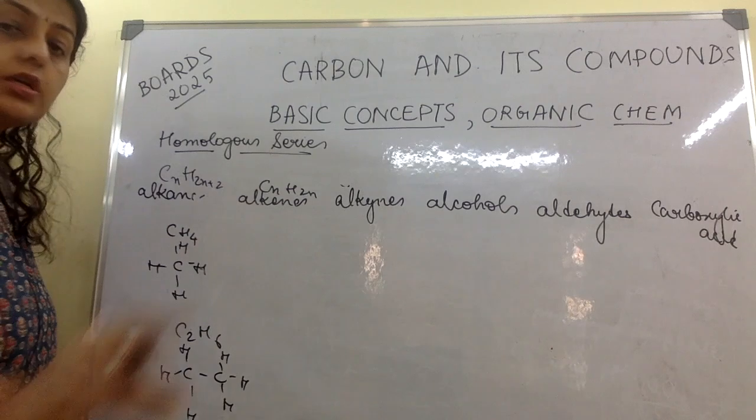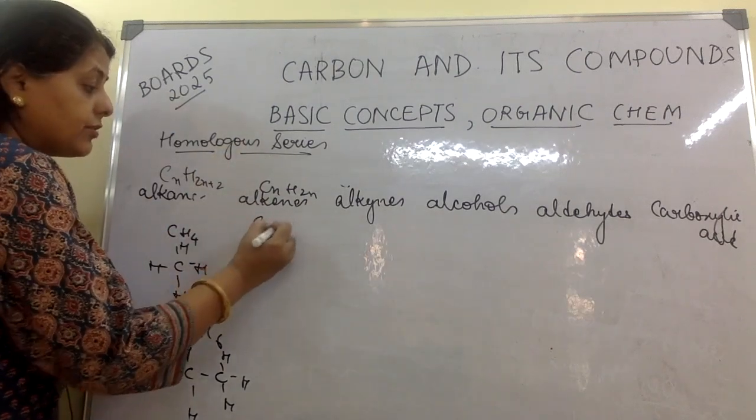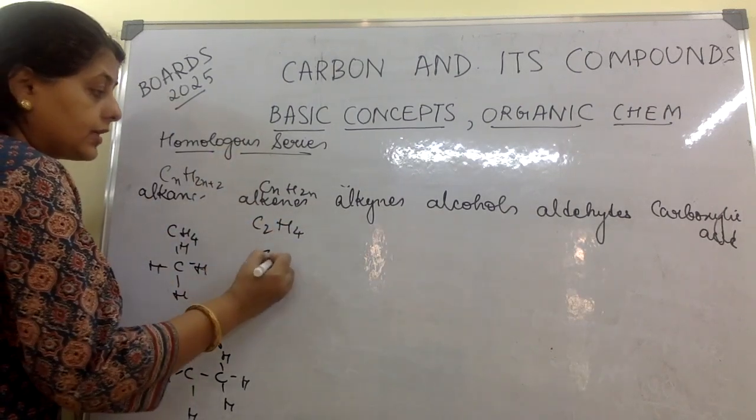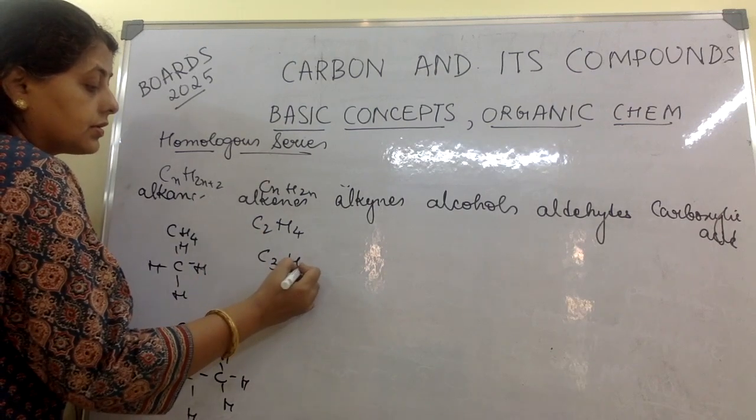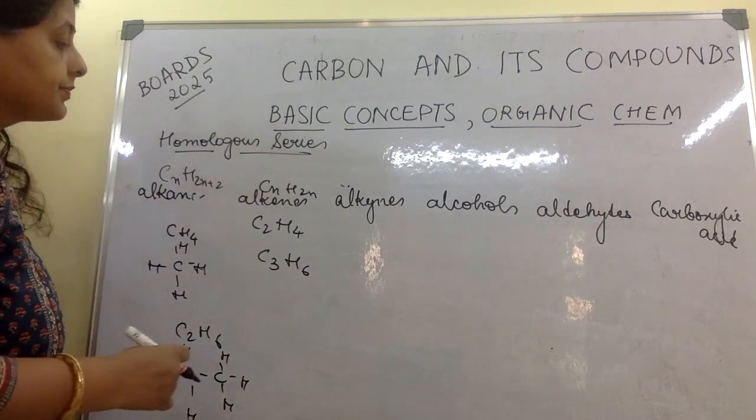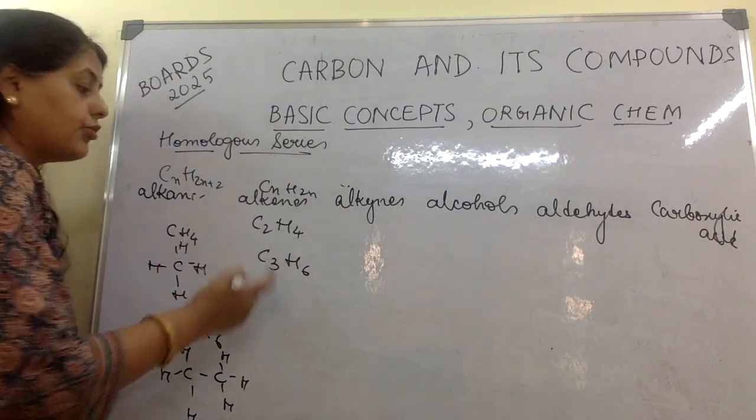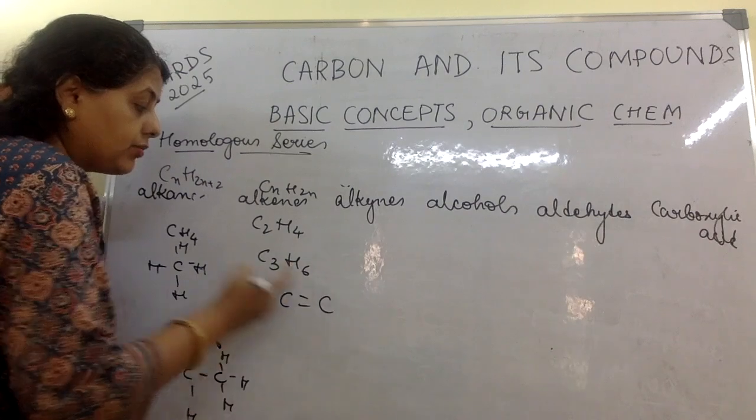We need at least 2 carbons. So my first member is this, and my second member is C3H6. Now what is the bonding like in this carbon-carbon double bond?